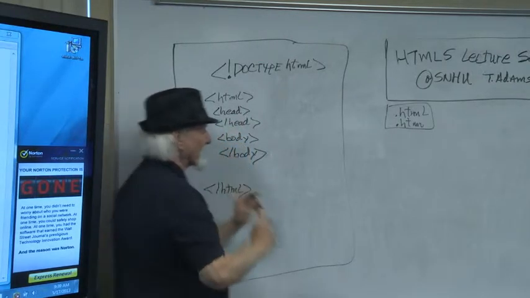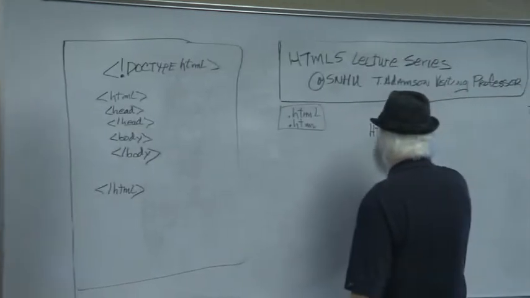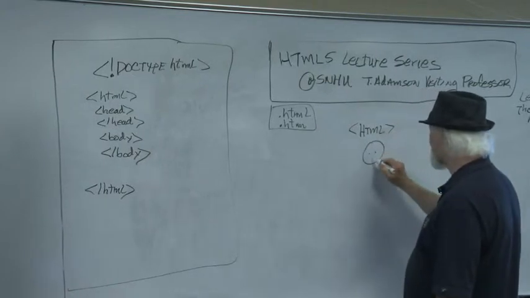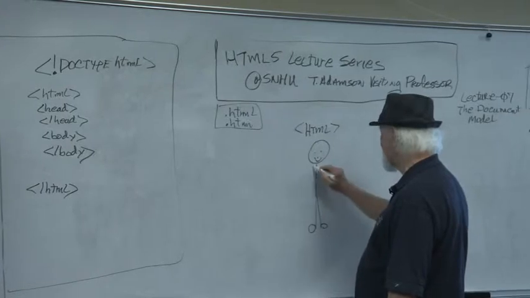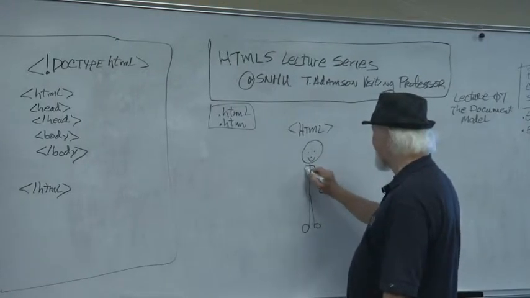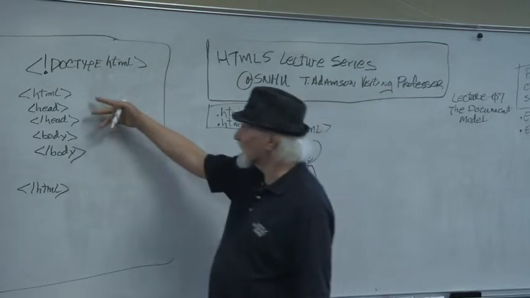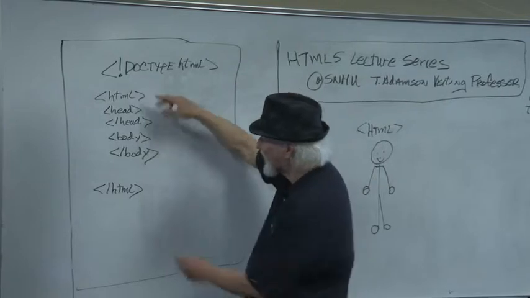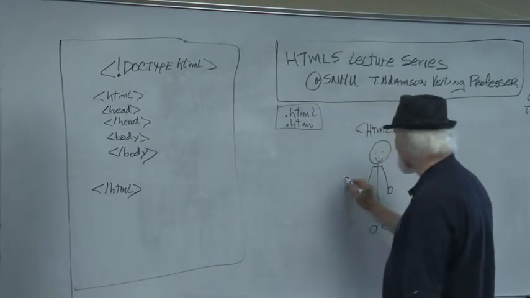And here's how I think about this. This is my HTML element. And let's think of it as a person. And this HTML element, as a person, has two children. They're children because the head element and the body element are contained within the HTML element. It has two child elements.